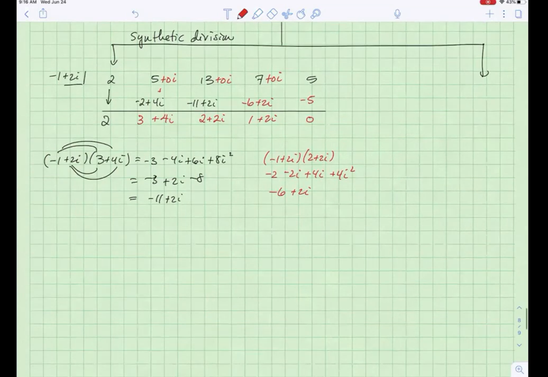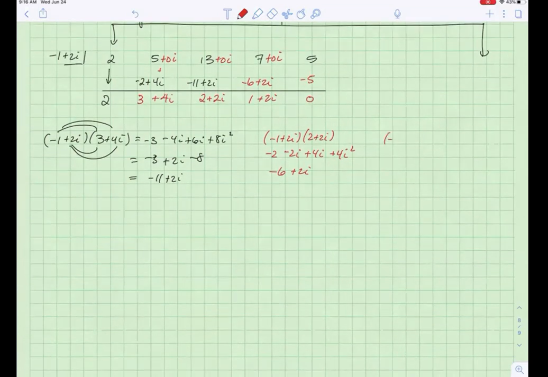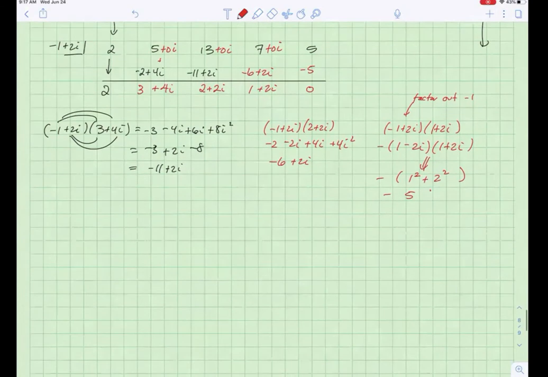So how did I do that last one so quick in my head? Well, that last one was negative 1 plus 2i times 1 plus 2i. And if I factor out a negative 1, this is negative positive 1 minus 2i times positive 1 plus 2i. And these are conjugates. So this is the sum of squares, which is negative 5. And that's how I did that so quick in my head. And then we get 0.